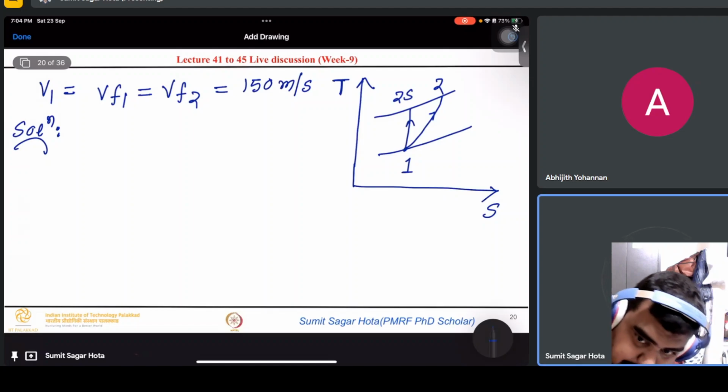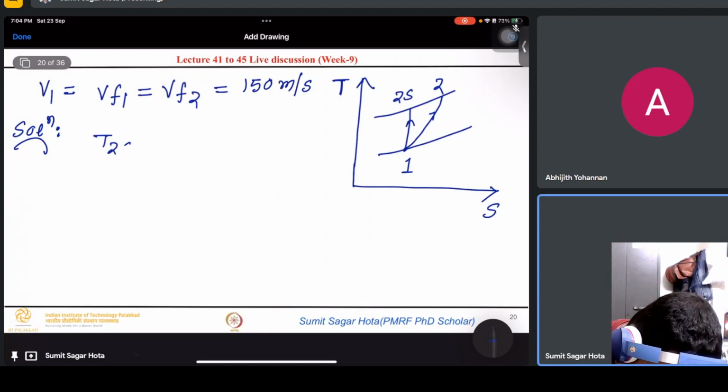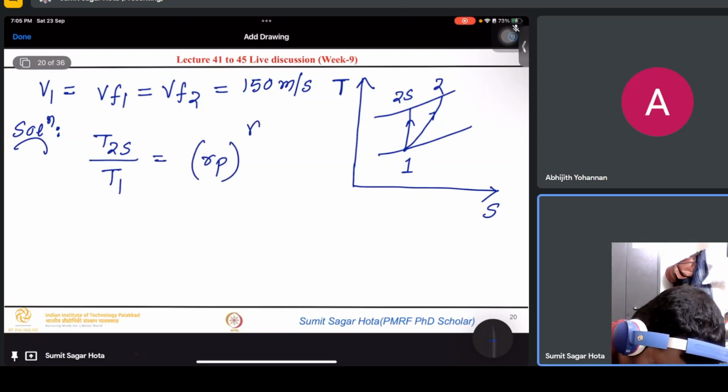So this is the case. Now what is T2s by T1? The T2s by T1 is equal to Rp to the power gamma minus 1 by gamma.